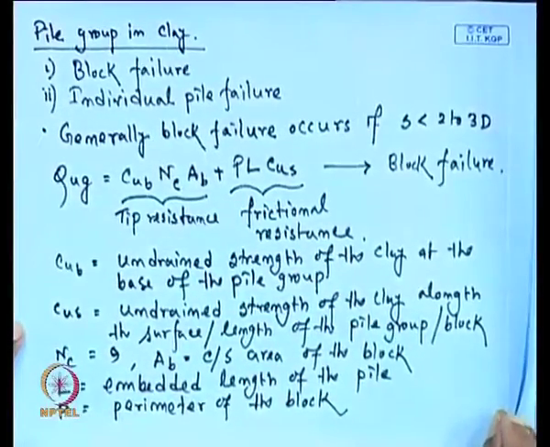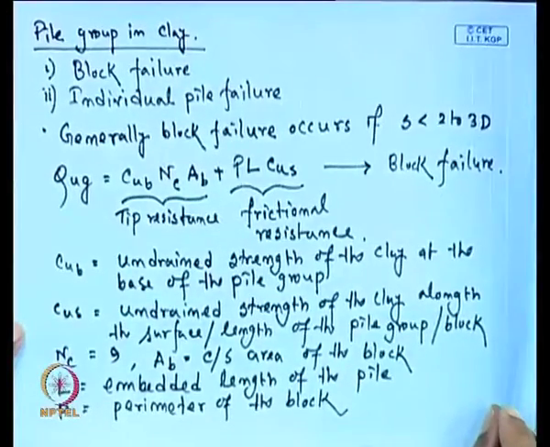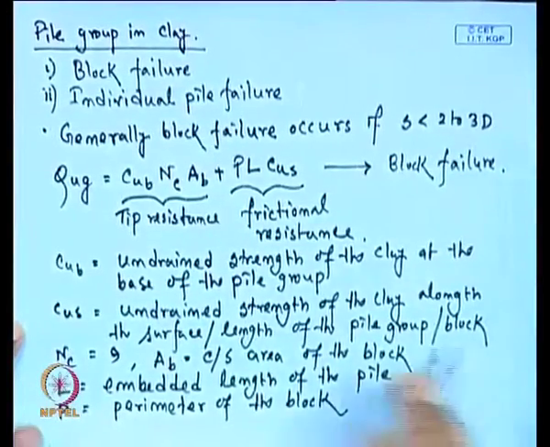Now, similarly we can write the expression for the pile in sand by using the same type of expression, because this is similar to the single pile. The only difference is the area. For a single pile, we consider the cross section area of the single pile; here we have to consider the cross section area of the block when calculating the tip resistance.